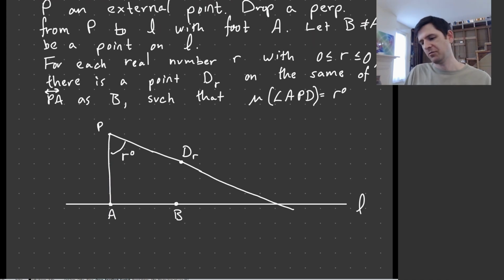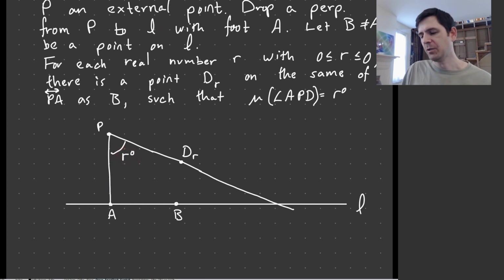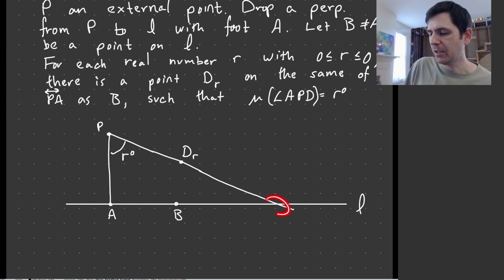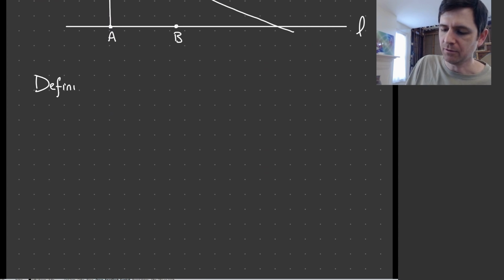Okay, so this is the construction. We're just constructing a line that goes through P that has an angle of R degrees with PA. That line may or may not intersect with L. Okay, so we'll come back to this, or really this definition will kind of tie in with it. So this is definition 6.3.1.